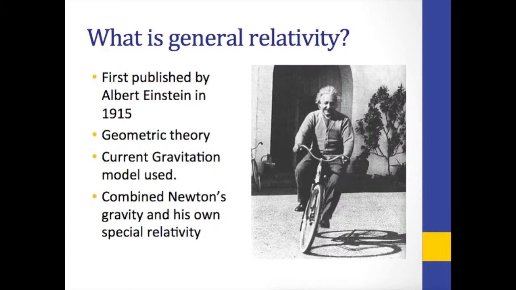So let's start at the beginning. General relativity was first published by Albert Einstein in 1915. It is a geometric theory and is the current gravitational model used in modern physics. It combined Newtonian physics, the physics of the apple falling, with his special relativity and the theory that the speed of light is the all-encompassing speed limit of the universe.